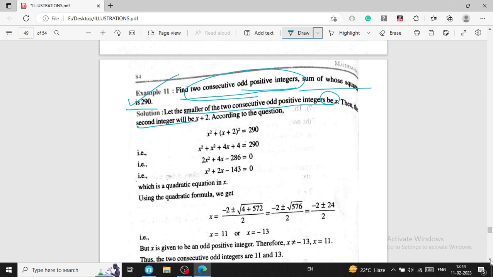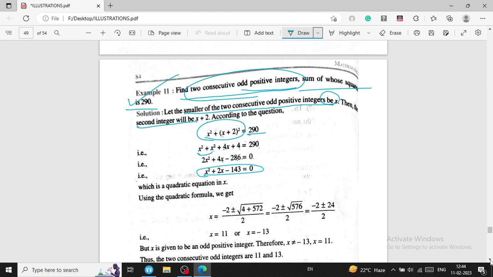According to the question, the sum of whose squares means x square plus (x plus 2) whole square is equal to 290. Using the (a plus b) whole square formula, a square plus 2ab plus b square, and adding both, 2x square plus 4x minus 290 plus 4, minus 286, is equal to 0.